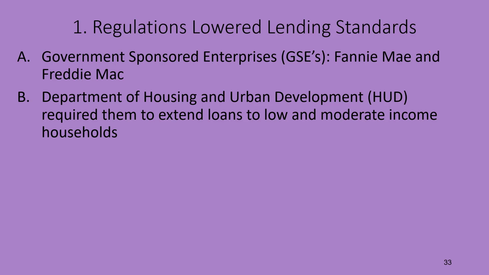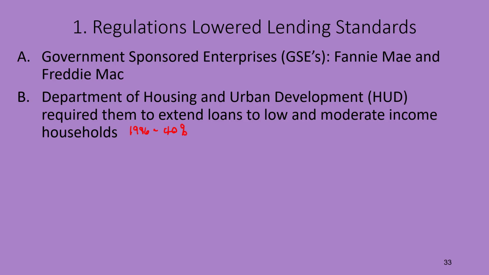So the Department of Housing and Urban Development, being a government entity, has a strong relationship with these government-sponsored enterprises. And they basically told Fannie Mae and Freddie Mac that we really want you to extend loans to low and moderate income households, right? Basically, they set some requirements for them, saying that by 1996, the requirement was 40% of all your loans have to go to people below a certain income level.